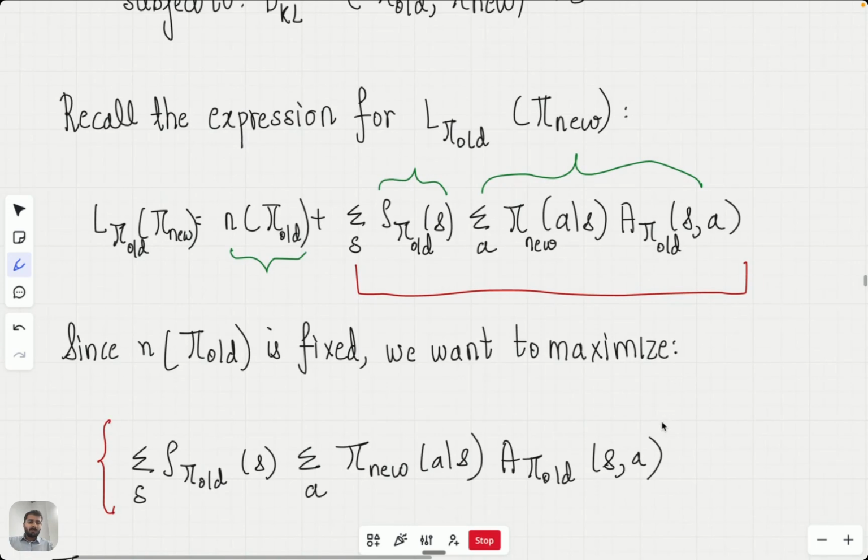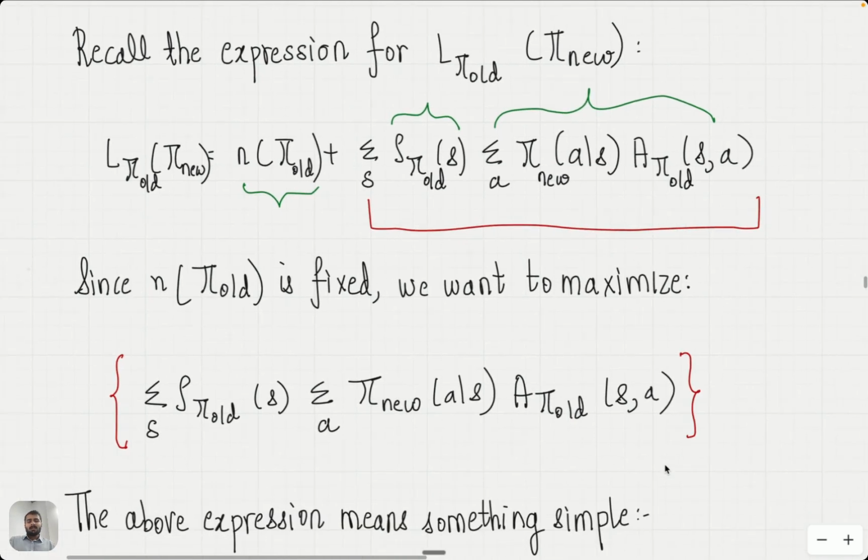Now we are going to do two manipulations to simplify this expression, and at the end of it we are going to get something which we have already seen before. So it will be like visiting an old friend. So let's see. The above expression means something simple.